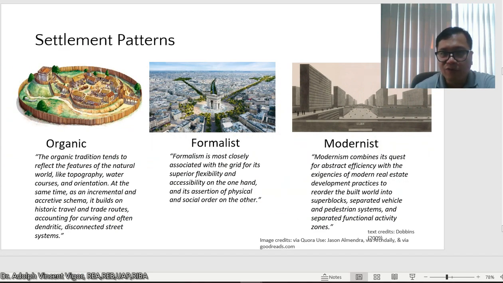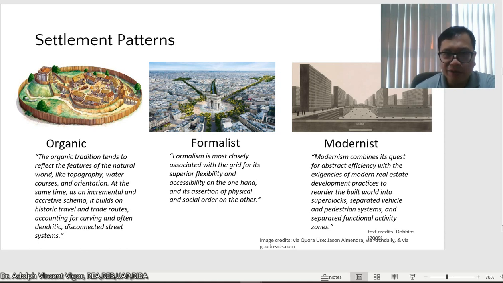So moving back into the settlement patterns, we have the organic. The organic tradition tends to reflect the features of the natural world like topography, watercourses, and orientation. At the same time, it's an incremental and accretive schema.